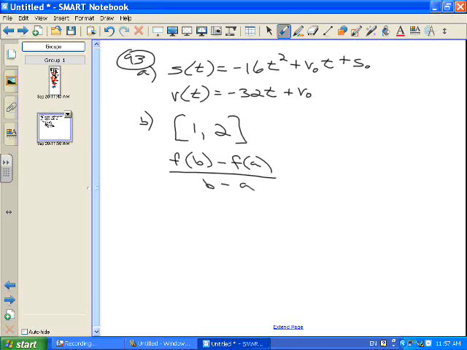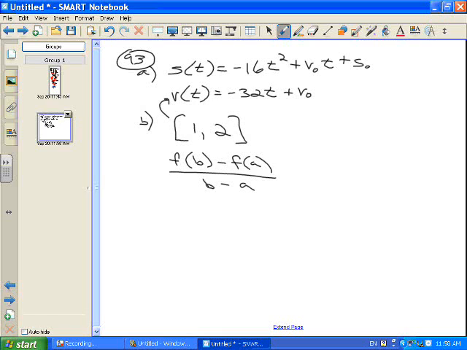What's my B? Which one are we putting it into? This one. We want the average velocity. Okay, so it's going to be negative 64 plus 0.